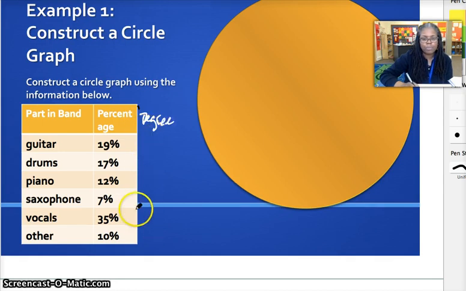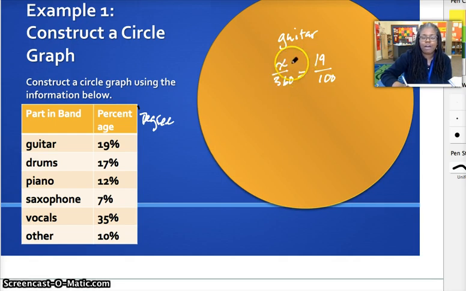We'll populate each row of this column with the corresponding degree, and I'll show you how to do it over here. We know that we're dealing with 19% out of 100, and this is for the guitar players, and we know that the whole that we're comparing it to is 360.